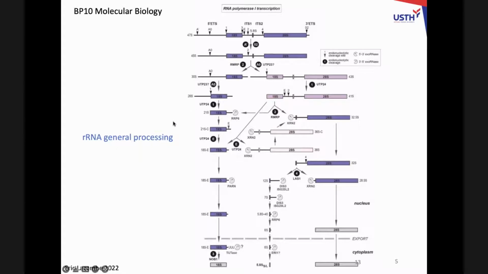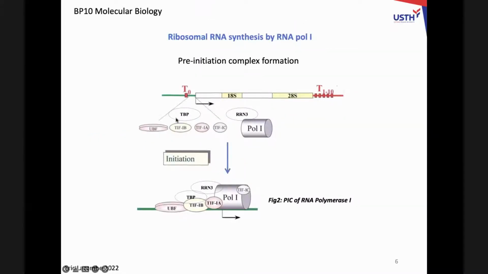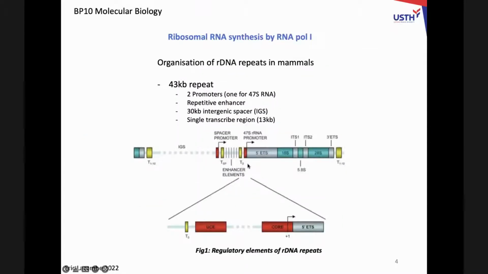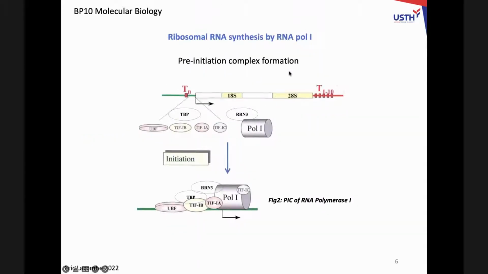So we go back to RNA Pol 1. So Pol 1, the promoter is like that: the start of transcription, and a core region of the promoter that binds the RNA polymerase. A more detailed view of this pre-initiation complex formation for Pol 1 is this one.